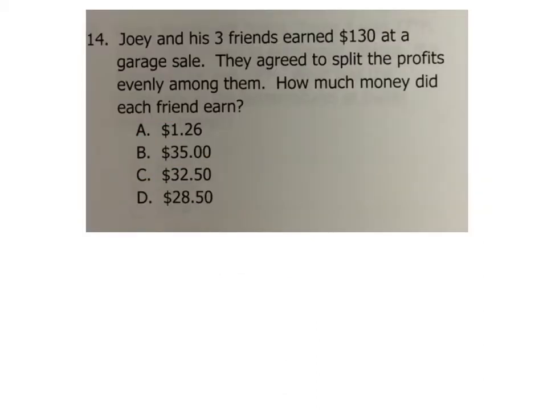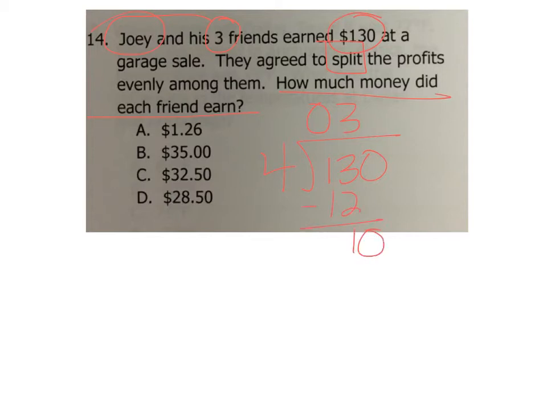Number 14, Joey and his 3 friends, so Joey is included in the total, earned $130 at the garage sale. They agreed to split the profits. How much money did each friend earn? So you have $130 divided by 4 people. 4 goes into 1, 0 times. 4 goes into 13, 3 times.